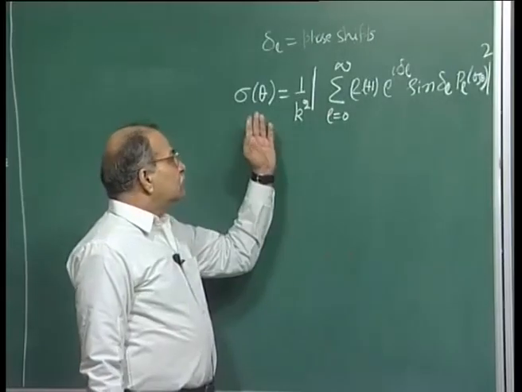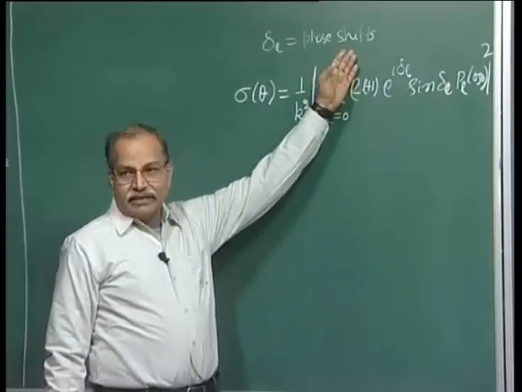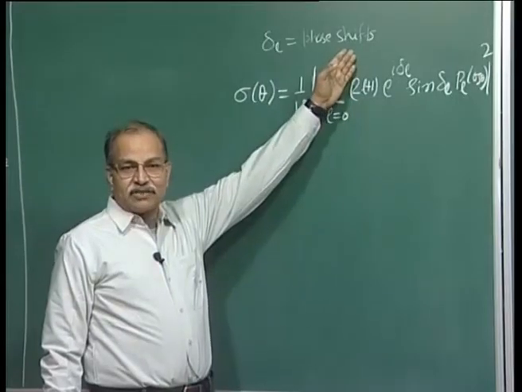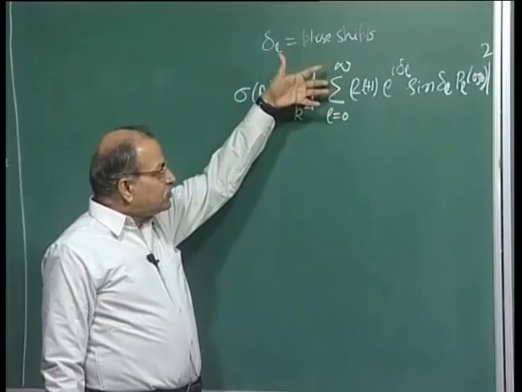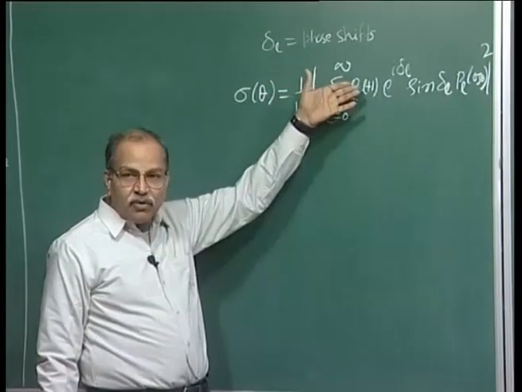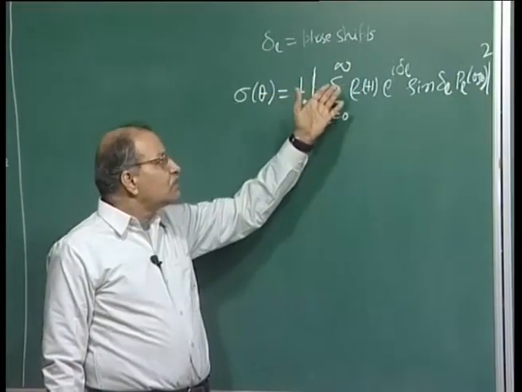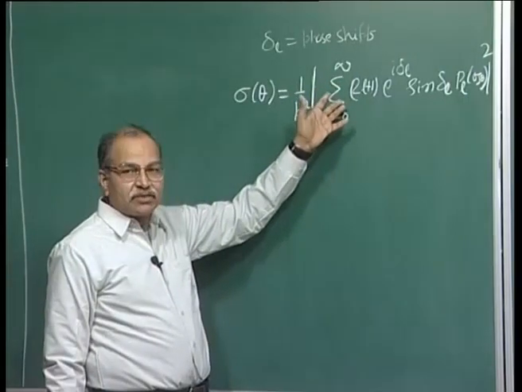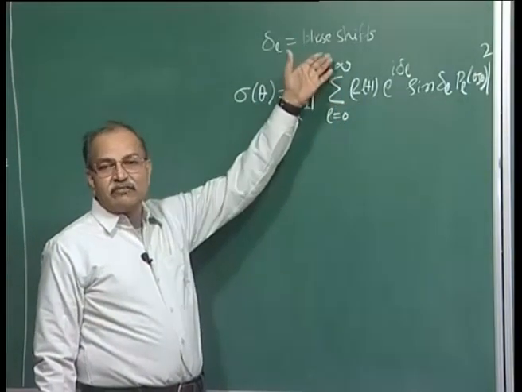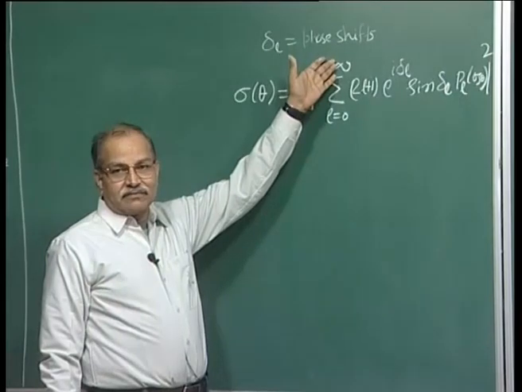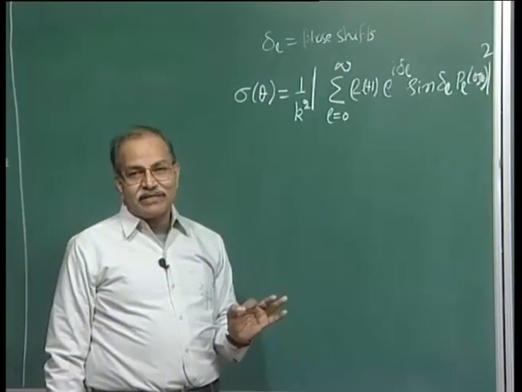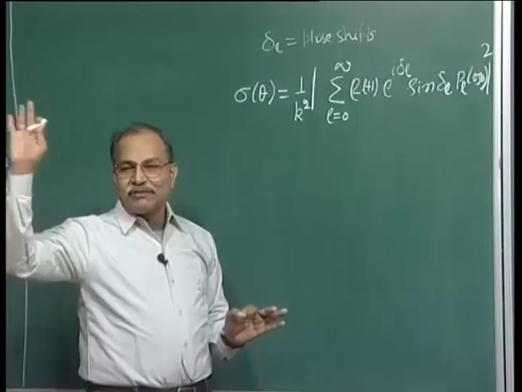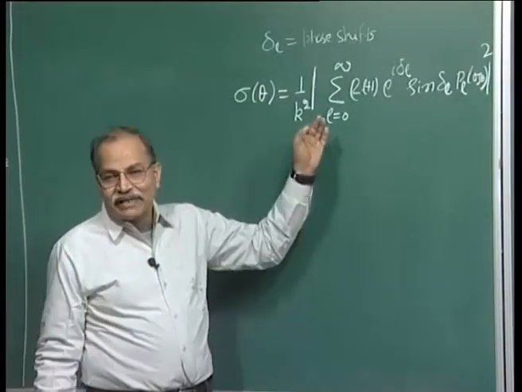So, you get contribution from all these L equal to 0, 1, 2, 3, 4 and so on. But if energies are small, you do not really get significant contribution from too many angular momenta. For very low energy, only L equal to 0 will be significant; for L equal to 1, 2, 3, 4, the contribution will be negligible.